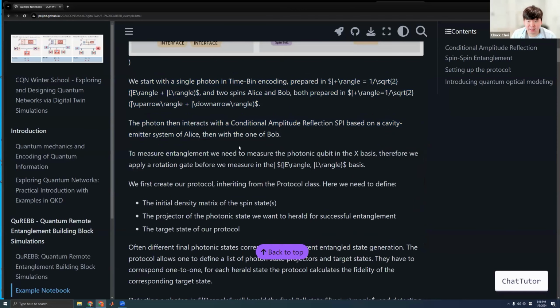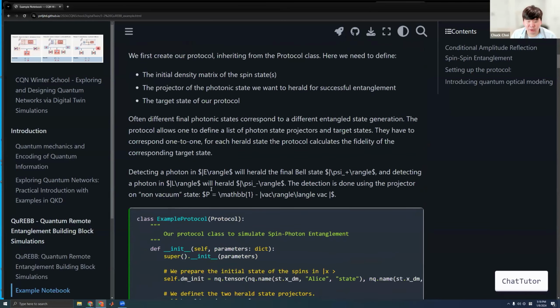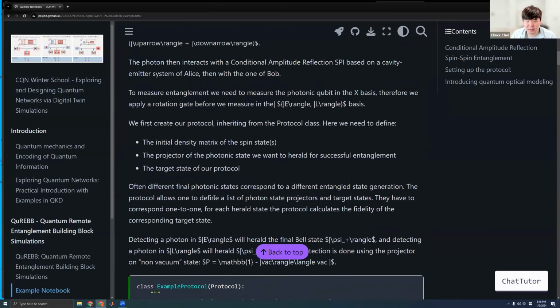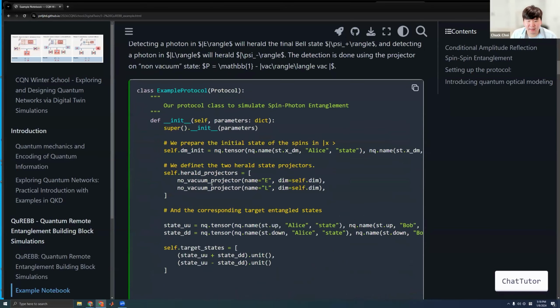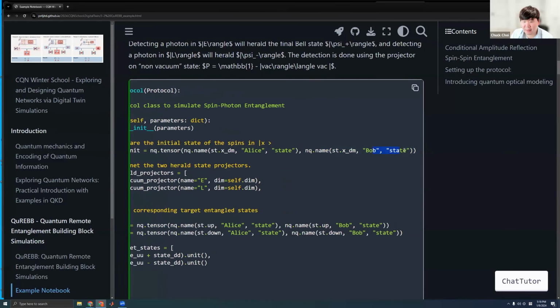Then we start. There's some broken inline math, but basically the code can configure this out by defining our example protocol here. First, we need to initialize our density matrix with the Alice states and the Bob states.